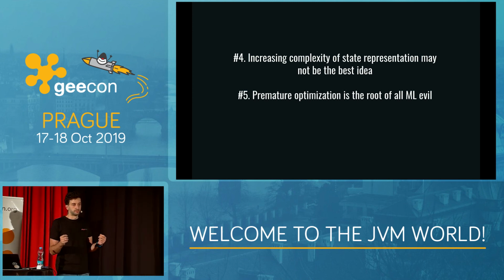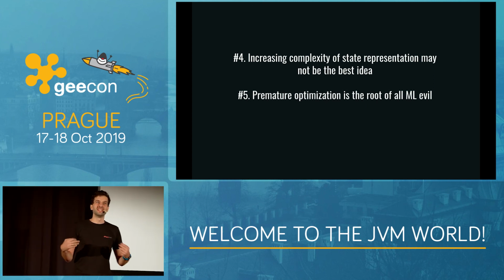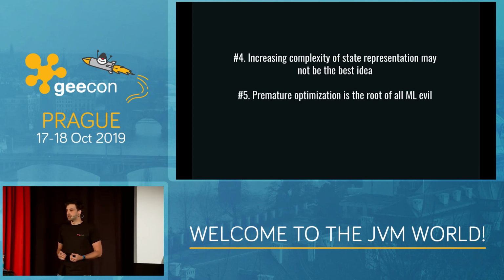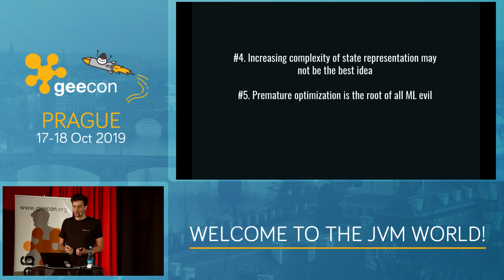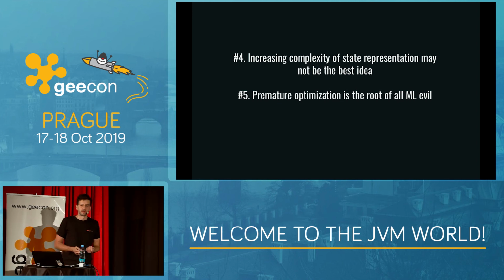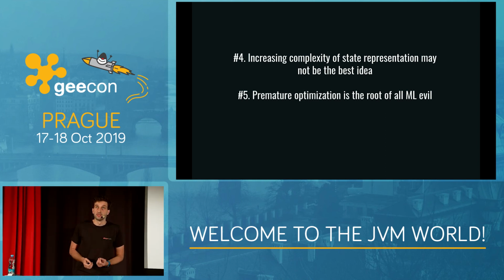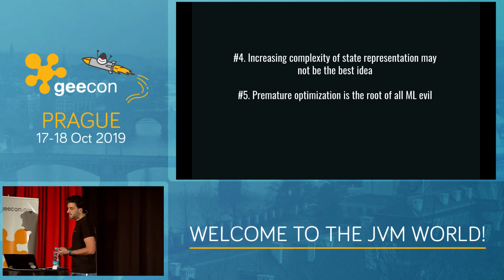And to handle such a huge space, we need a lot of observations. And this might not be a good idea when we are not sure if this representation gives all the information. So exactly the same as with everything in life, premature optimization is the root of a lot of evil. So be aware of that.